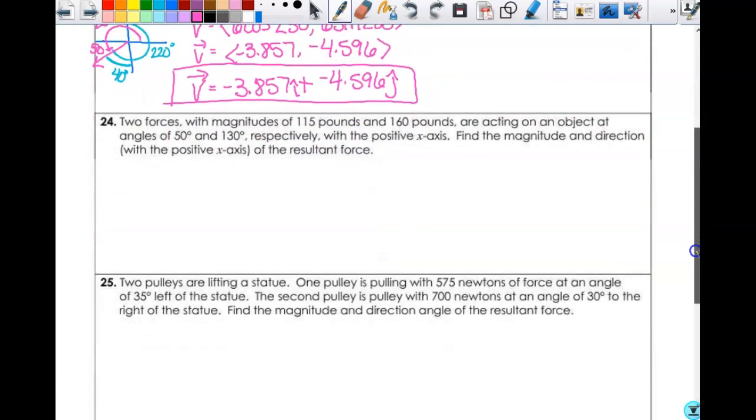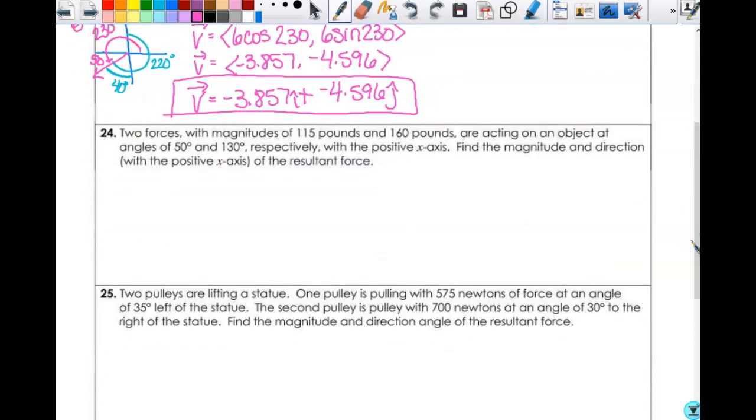Okay, number 24. I have two forces with magnitudes of 115 pounds and 160 pounds acting on an object at angles of 50 degrees and 130 degrees respectively. Okay, so 115 and 160 acting on an object.